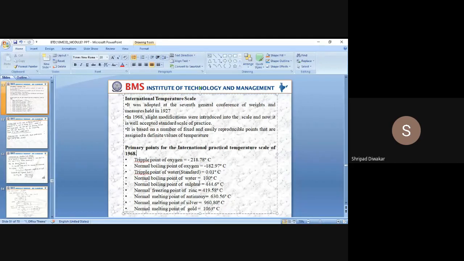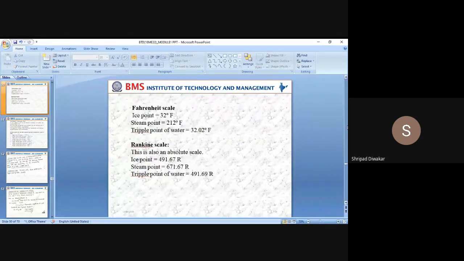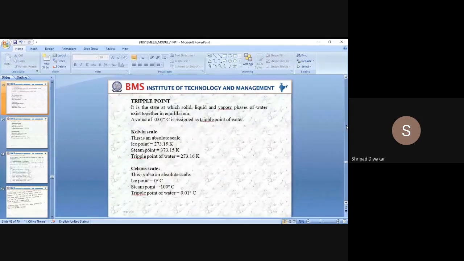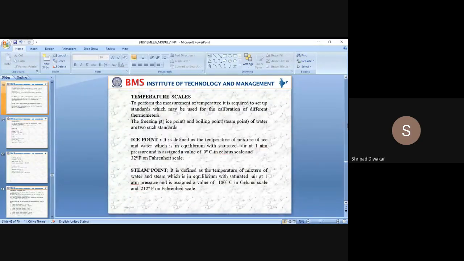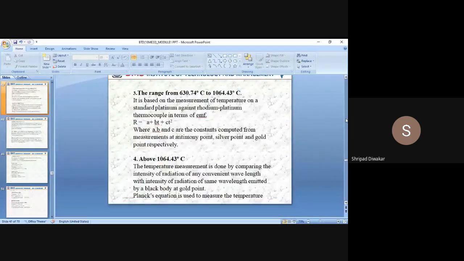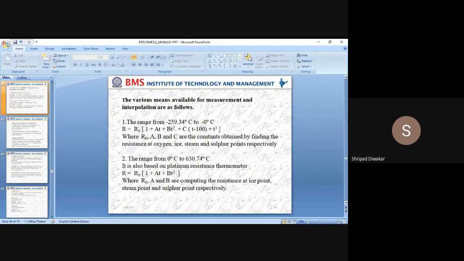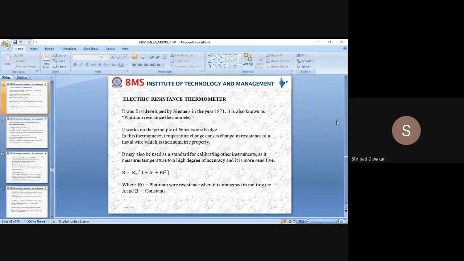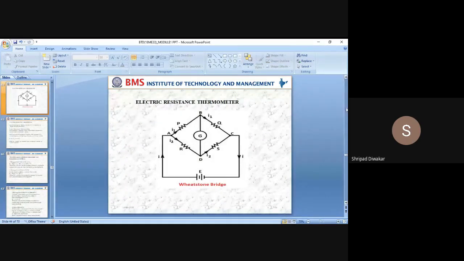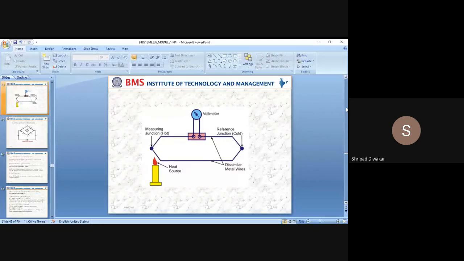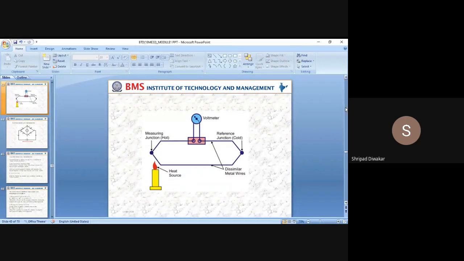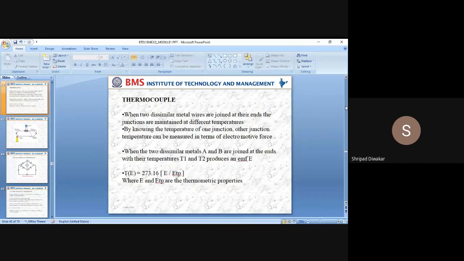Based upon these temperature ranges, one is the thermocouple.